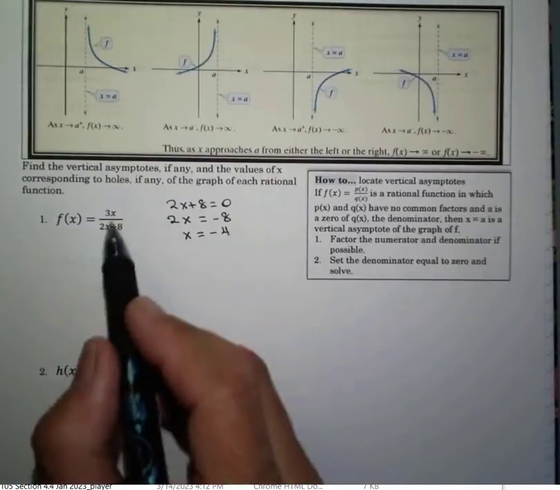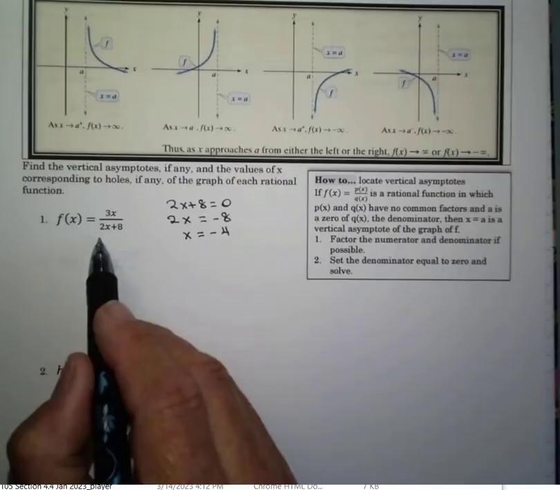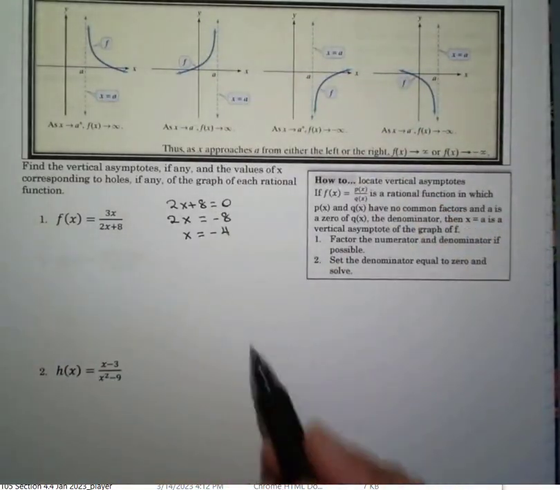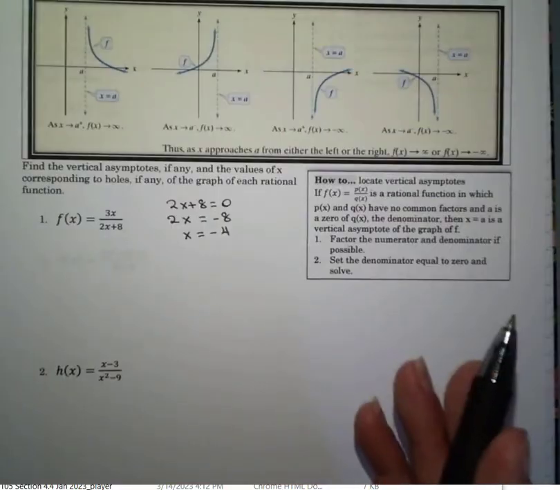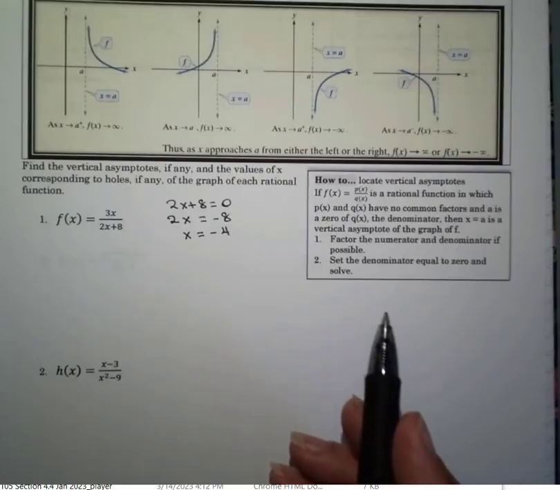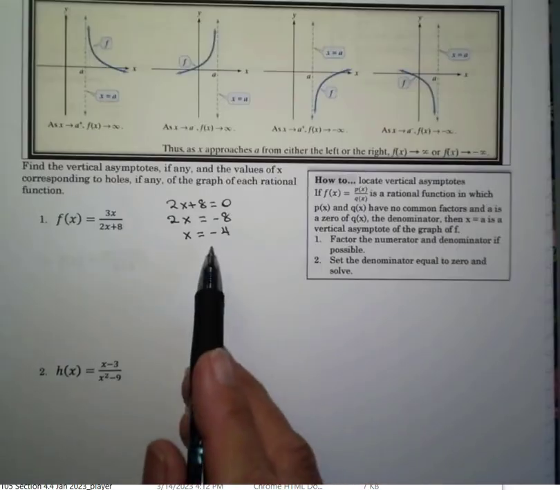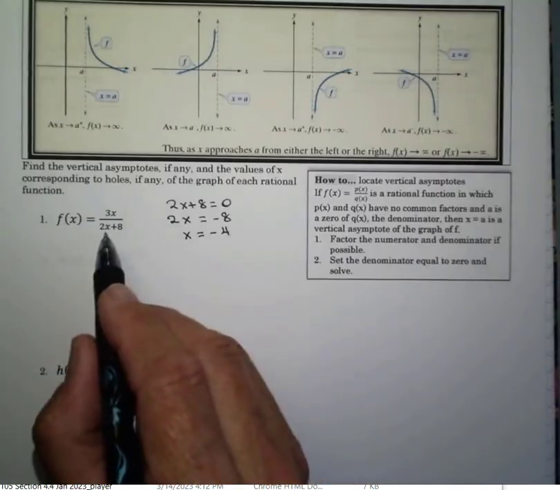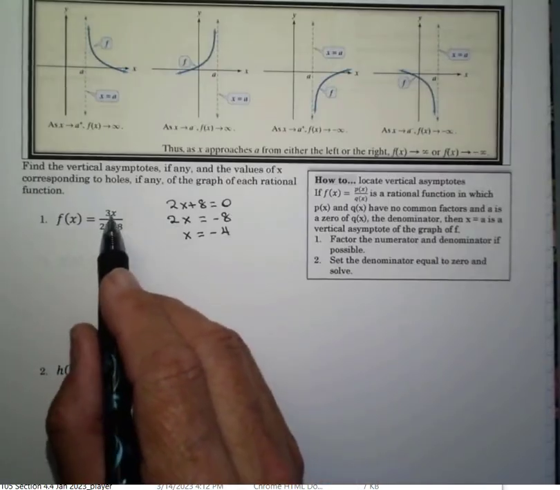Now, that's going to cause a 0 in the denominator. That would be either a vertical asymptote or it would be a hole in the graph. And you have to know which it is. Now, the way we figure that out is we know an x of negative 4 is going to cause that denominator to be 0. But would it also cause the numerator to be 0?